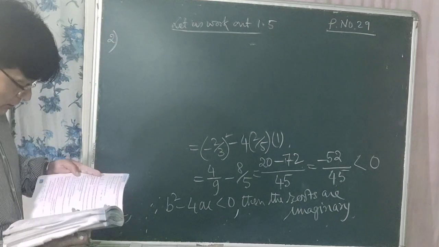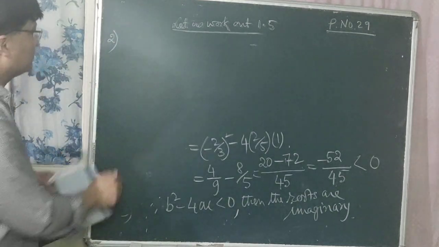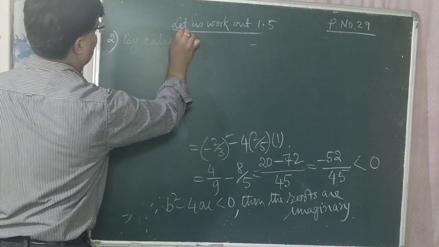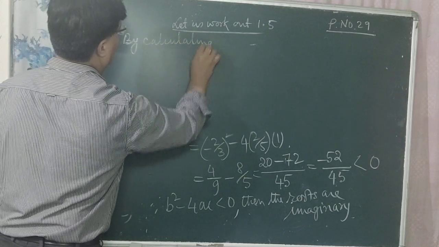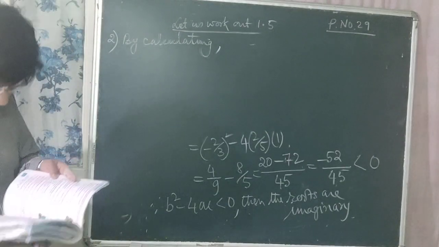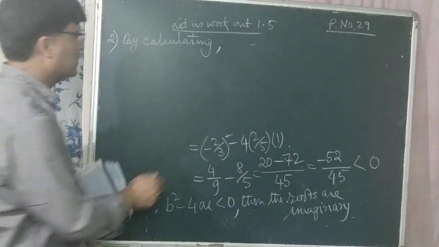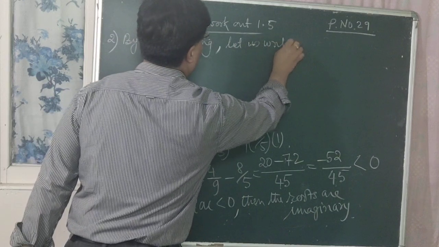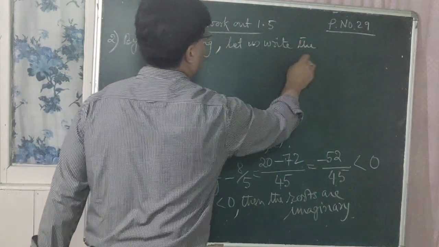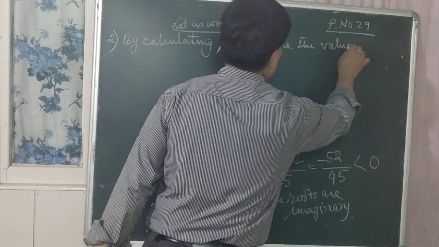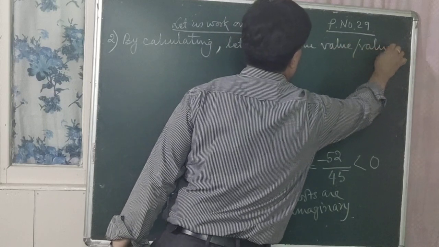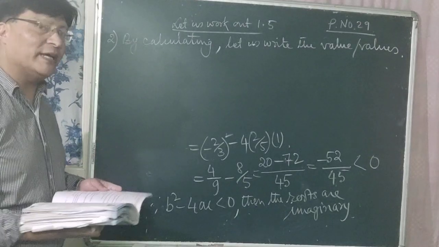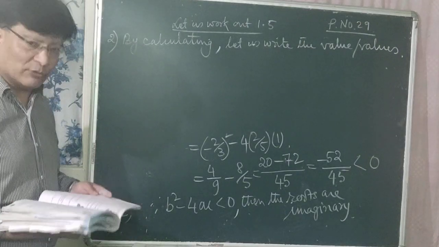So question number 2 is, by calculating, let us write the value or values. You may get one value, you may get more than one value.